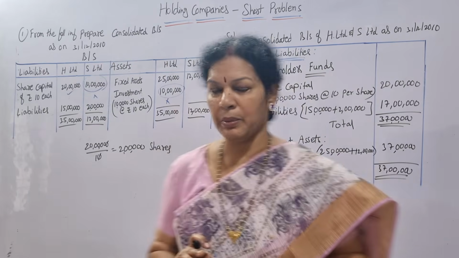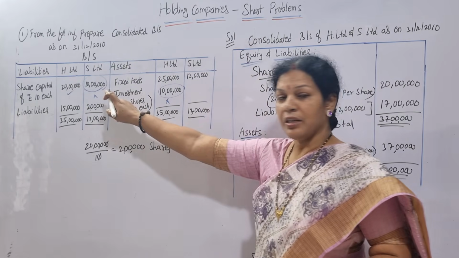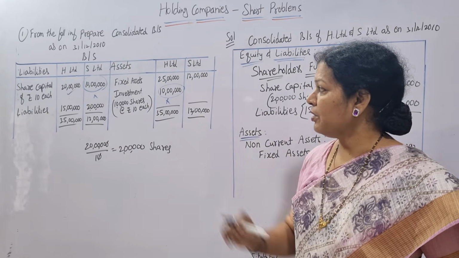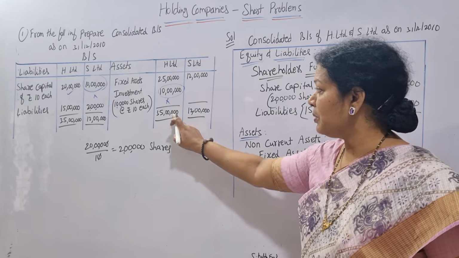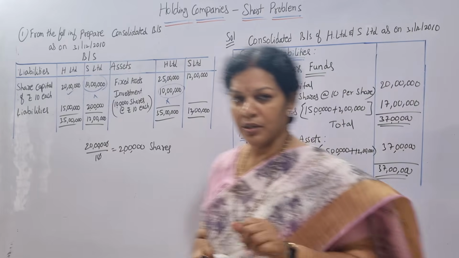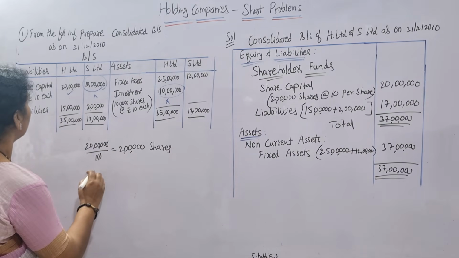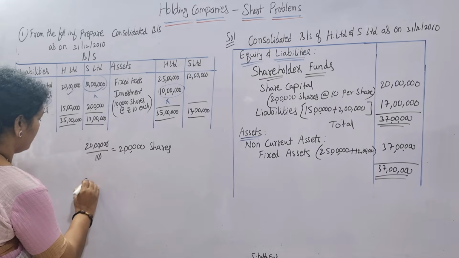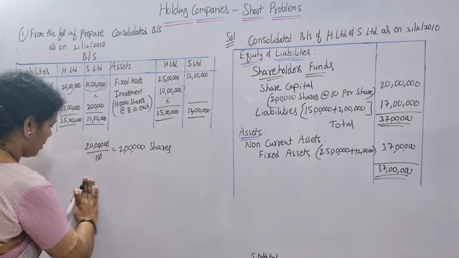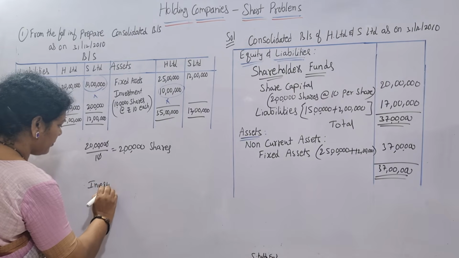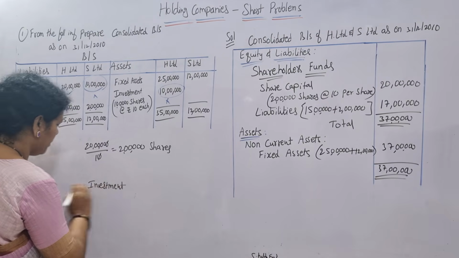An important point to be remembered here. Share capital is here, roughly I am explaining: share capital is 10 lakh rupees, and our investment is also 10 lakh rupees. So you can compare it like this. Or you can start with investment. Whose investment?